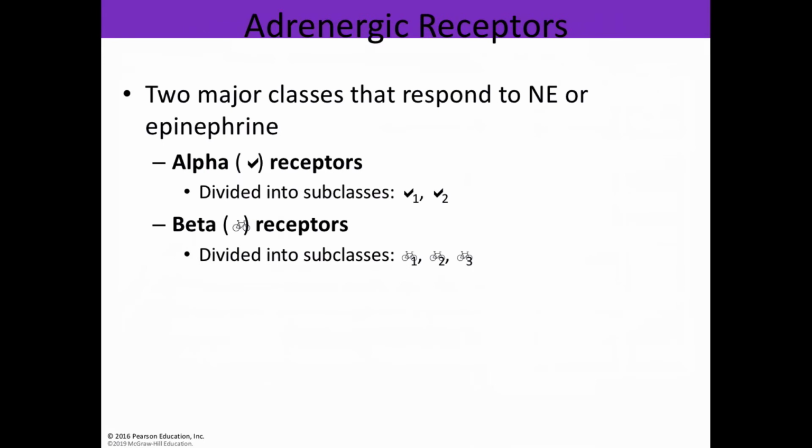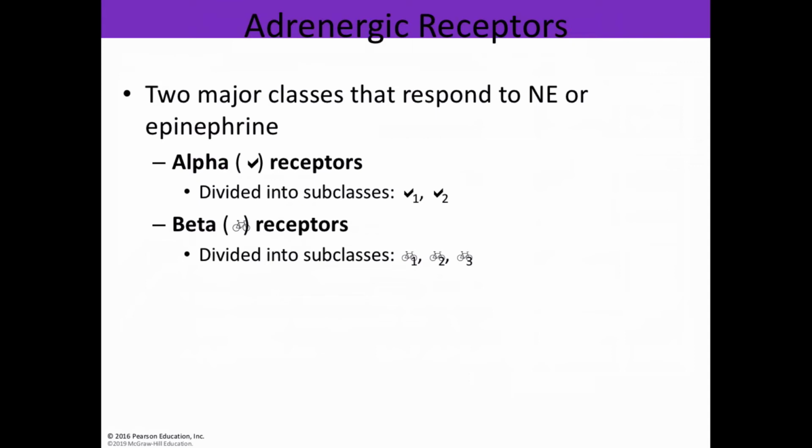Up next, we get to the adrenergic receptors. The adrenergic receptors bind with norepinephrine or epinephrine. And I'm sorry about the presentation here. They have checks and bicycles. To help you out, my check marks aren't check marks at all. Those should be alphas, A-L-P-H-A, alpha.